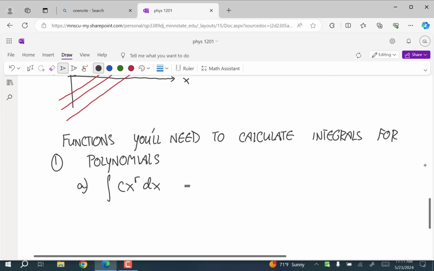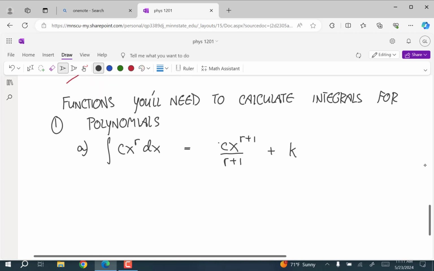And so the answer to this is going to be c times x to the r plus 1 divided by r plus 1. And then you'll have to add on a constant of integration. I've already used this c, so this time I'm going to call my constant of integration k. That's just some unknown thing you're adding to it.